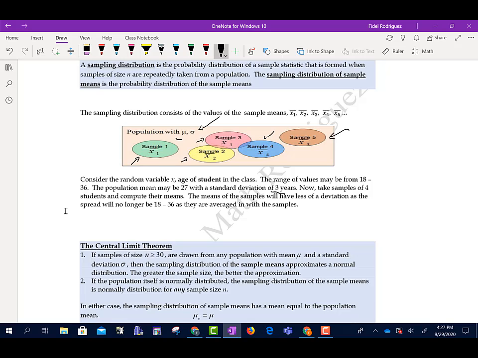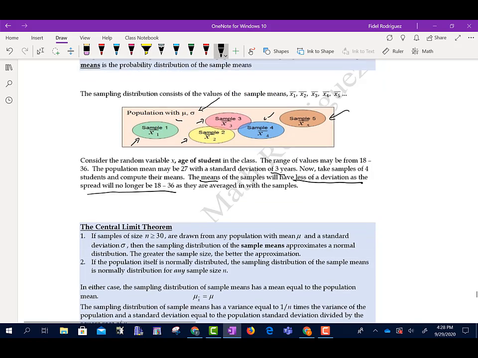And then in my second group, I might pick Gilbert again, Jose, Mel, Melanie, right? So I'm going to be picking groups of 4, and I'm going to find those averages. It says the means of the samples, those averages, are going to have less deviation because the spread will no longer be from 18 to 36, okay?